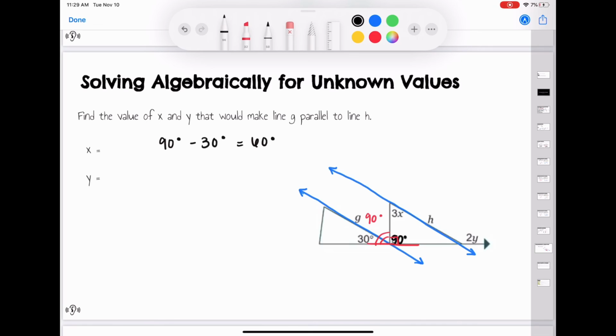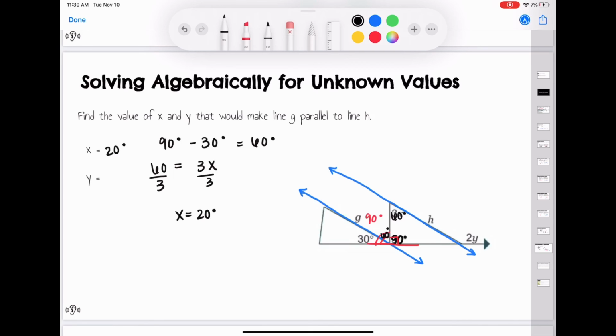So the measure of this angle in between here is 60 degrees. Okay. Well, it's also reasonable to assume that this angle is congruent to this angle. So we would do 60 equals 3x, because here we had a 3x. So we'll divide and find that x is equal to 20 degrees.